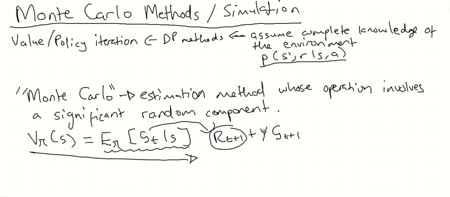So we're trying to compute an expectation of what we think those future rewards are going to be. And since this is a random component, applying Monte Carlo methods is feasible, and something we can try to do to solve these kinds of problems.